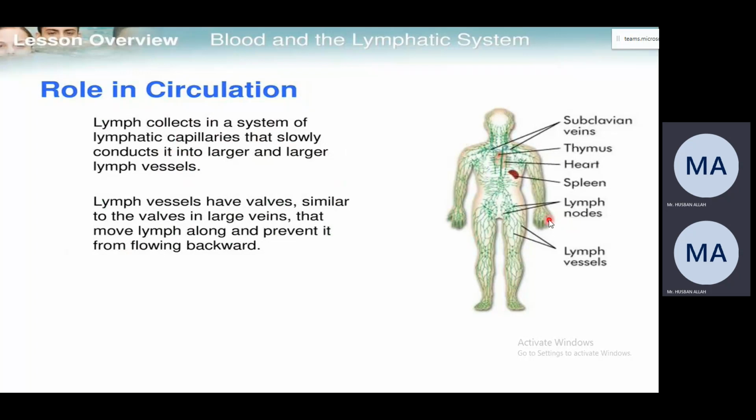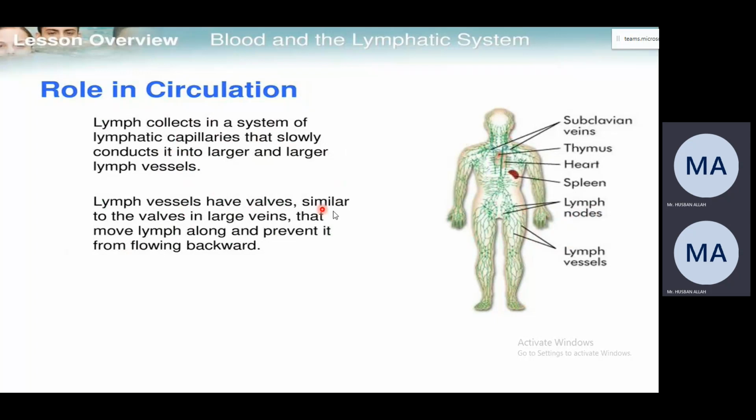Let's suppose you have any lymph node in any part of the body, right? So this lymph node will first collect the lymph, and later on, these dots which you can see, these small dots are lymph, right? It will give it to the lymph vessel, right? So lymph node is small and lymph vessel is large.